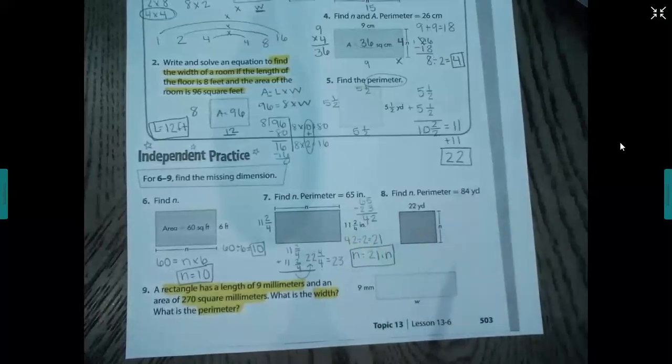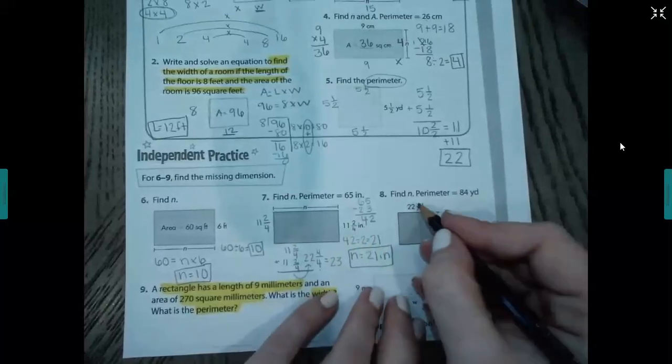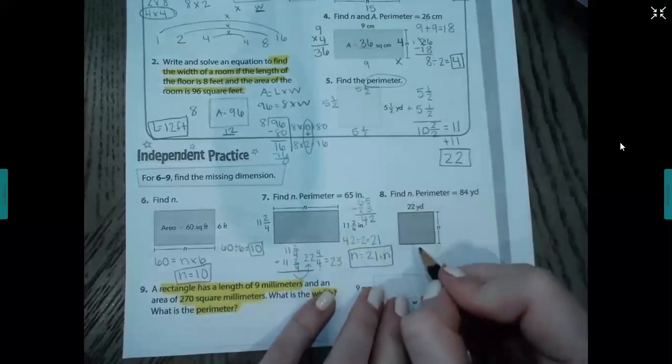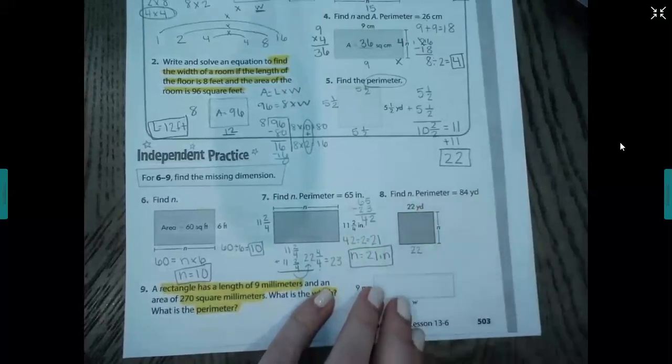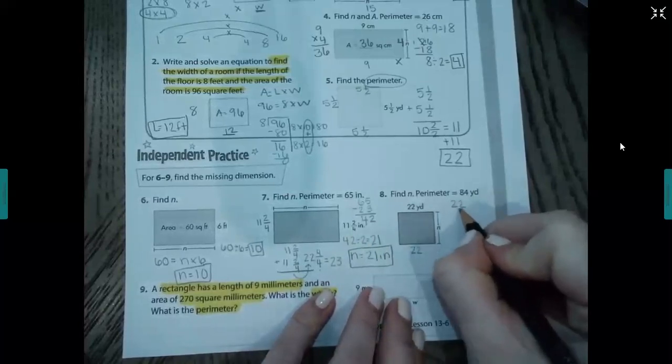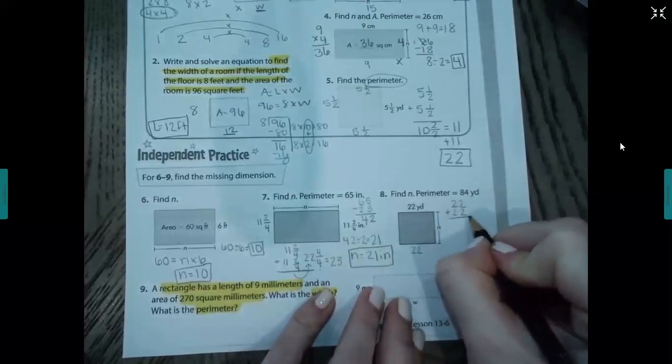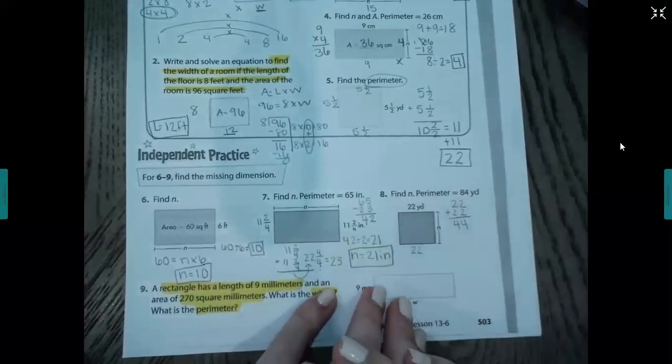Okay. So this side is 22. This side has to be 22. Find out how much that I have so far. 22 plus 22 is 44.